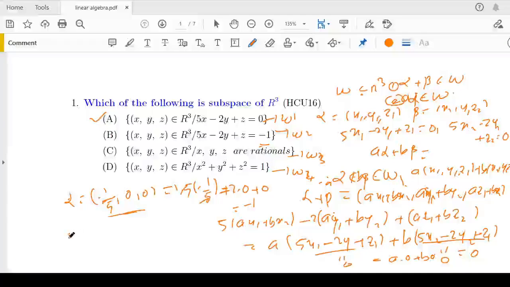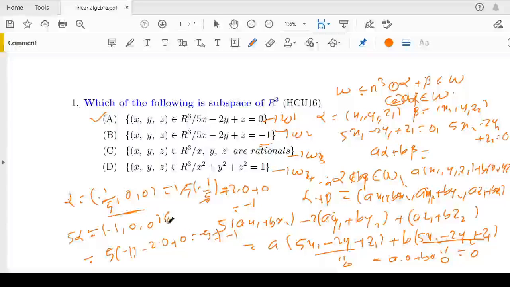But consider 5 times alpha, which equals (minus 1, 0, 0). We have to check whether it belongs to W2 or not. 5 times minus 1 minus 2 times 0 plus 0 equals minus 5, which is not equal to minus 1. Therefore 5 alpha does not belong to W2, so scalar multiplication is not closed in W2. Therefore W2 is not a subspace.